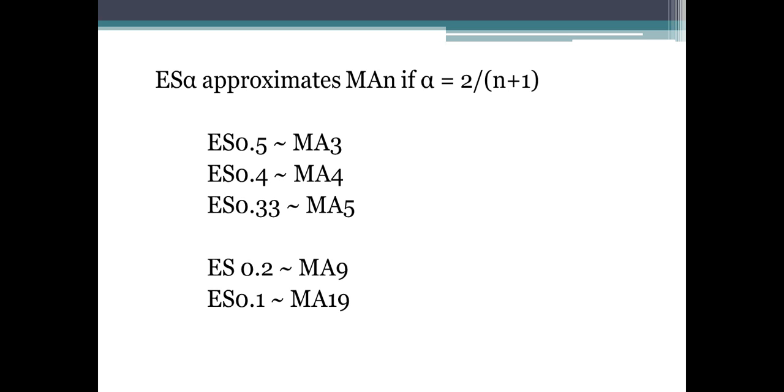So that would mean if instead of calculating exponential smoothing forecasts with alpha 0.5, you might just as well run a 3-point moving average. Similarly, the 0.4 alpha value exponential smoothing would give you results very similar to a moving average of 4 periods.